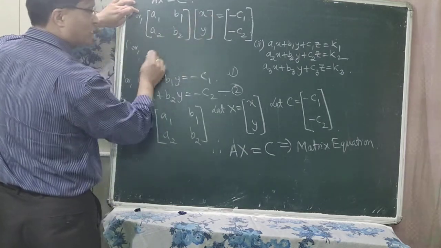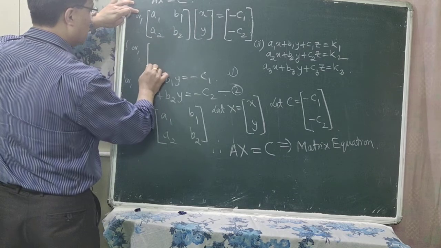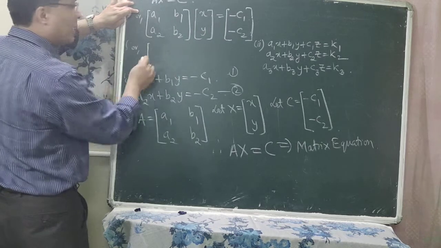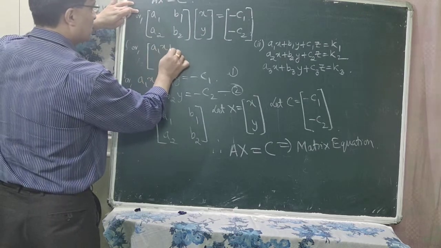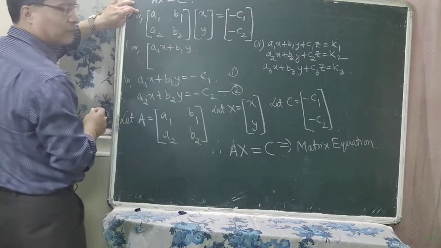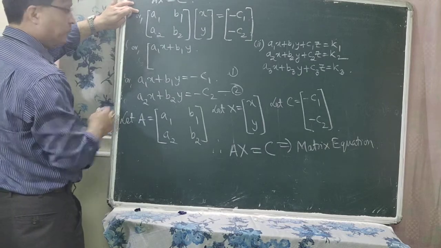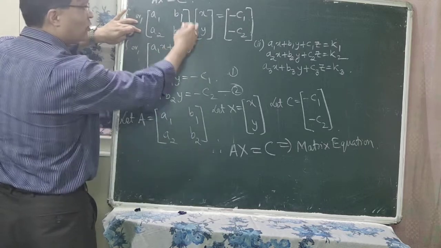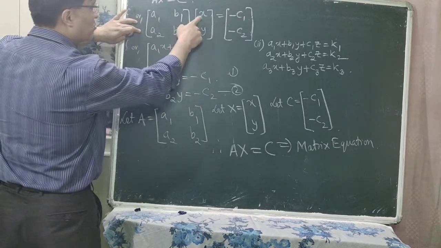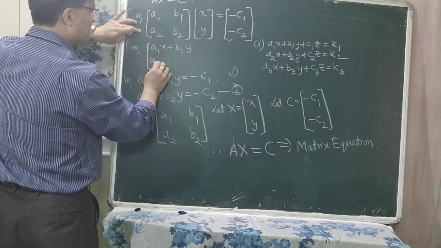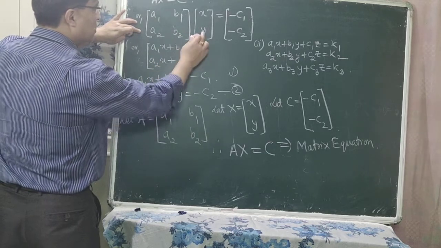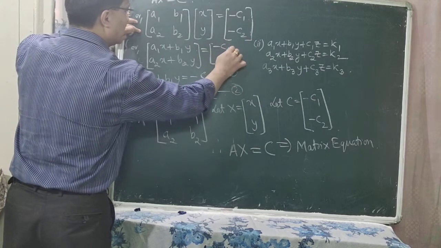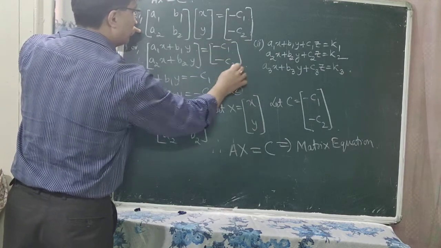First row into first column. So what do we get? First row into first column, corresponding elements should be multiplied. So A1x plus B1y, right? Then is second row by first column, only first column is here. So corresponding elements should be multiplied. A2x plus this is your B2y, which is equal to minus C1, minus C2.